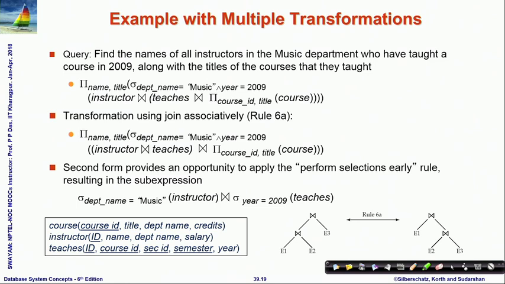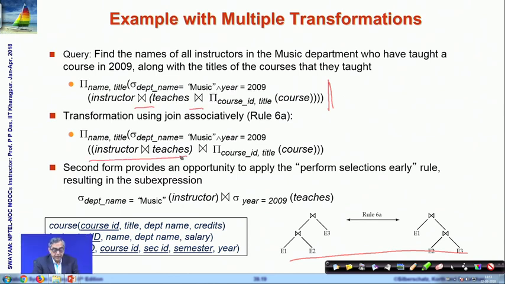Find the names of all instructors in the music department who have taught a course in 2009 along with the titles of the course they taught. So, here is the corresponding relational query, which you can convince yourself is indeed the same, and then we can transform using rule 6a, which I have shown here, which is basically the associativity of join, because there are two join operations.